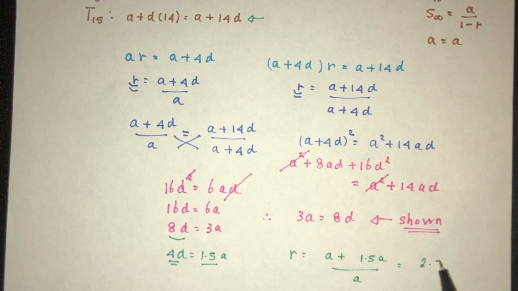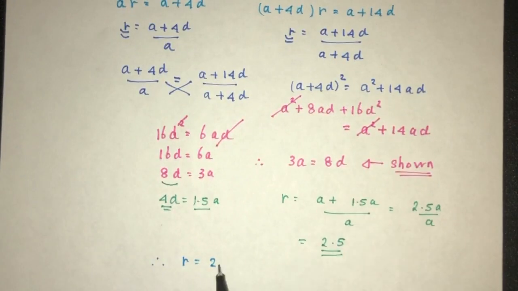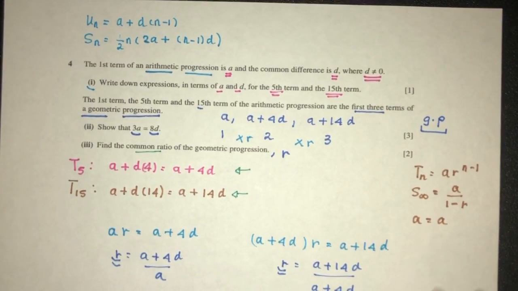That will be 2.5a divided by a, and that should be 2.5. Okay, so your common ratio r is simply 2.5 for your answer. Okay, and this is question number 3 for this GP question.